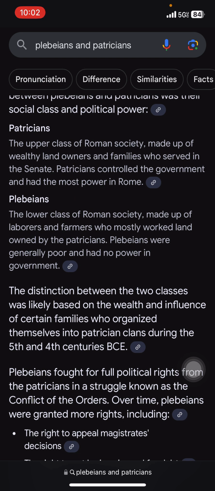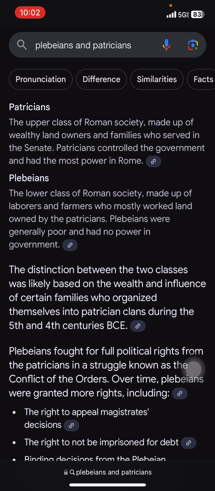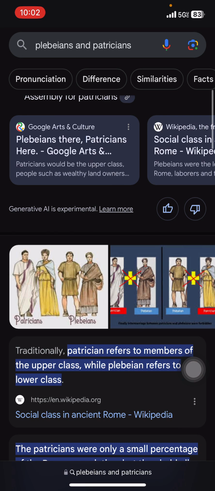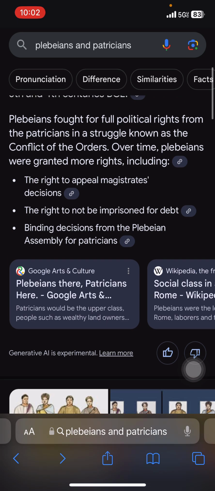The patricians, the upper class of Roman society, made up of wealthy landowners and families who served in the Senate, controlled the government and had the most power in Rome. The plebeians, the lower class of Roman society, made up of laborers and farmers who mostly worked land owned by the patricians, were generally poor and had no power in government, but eventually they started to get power.